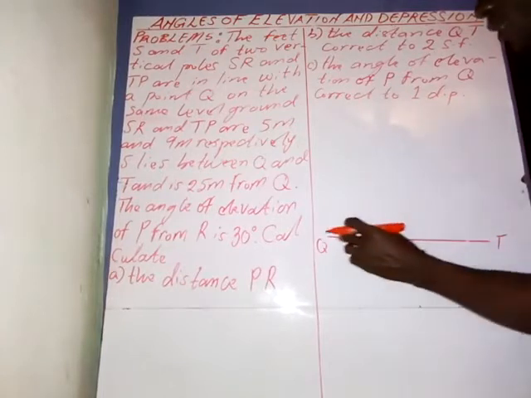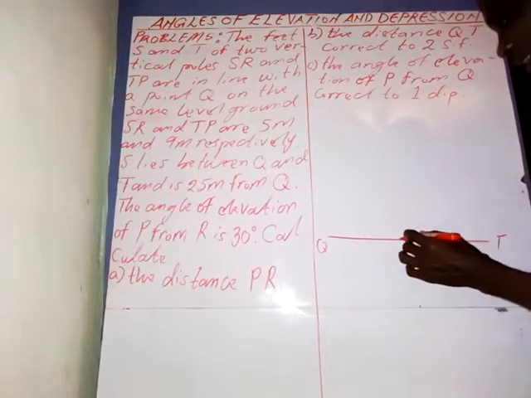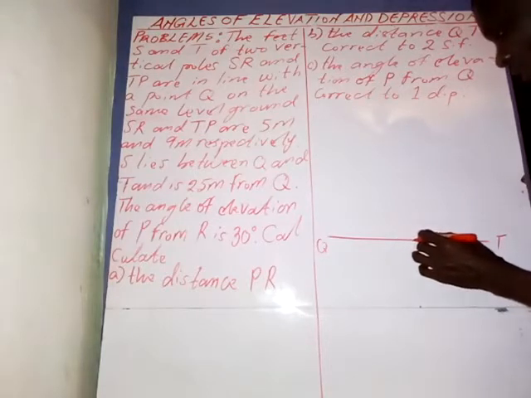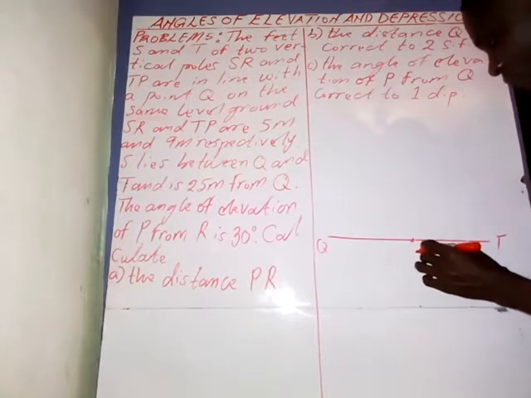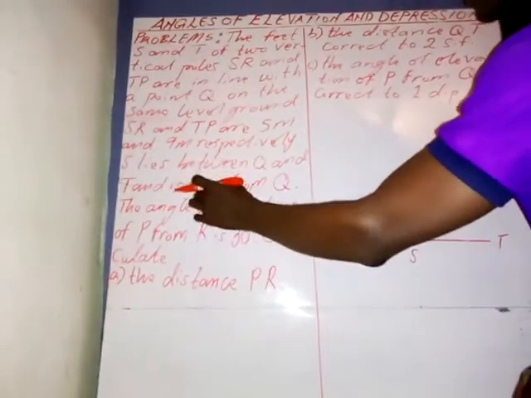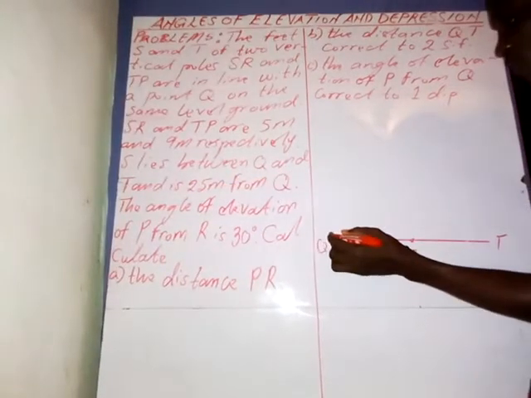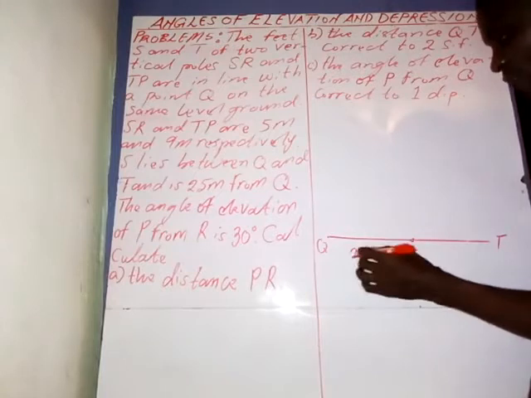So we are told that S lies in between Q and T, so I'm going to put S here. So this is point S, and S is 25 meters from Q, so the distance from here to here is 25 meters.